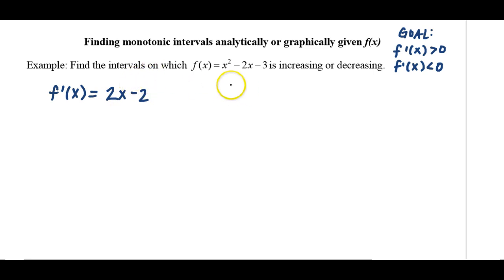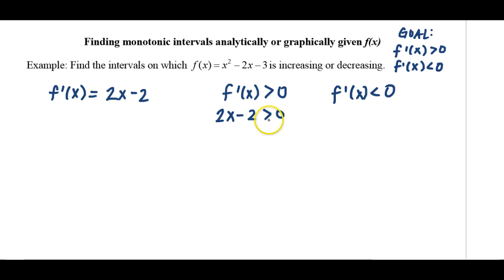So again, the ultimate goal is to figure out where f prime of x is greater than 0, and where f prime of x is less than 0. Since f prime of x is this nice linear function, solving this inequality analytically and directly without a sign chart would be a rather simple process. I could add the 2 to the other side and then divide both sides by 2.